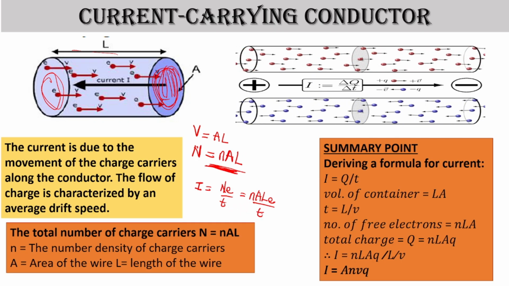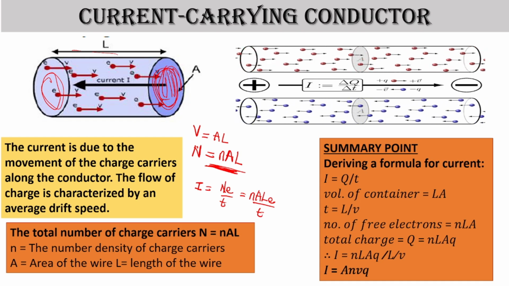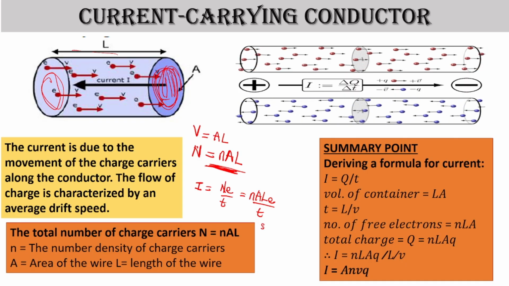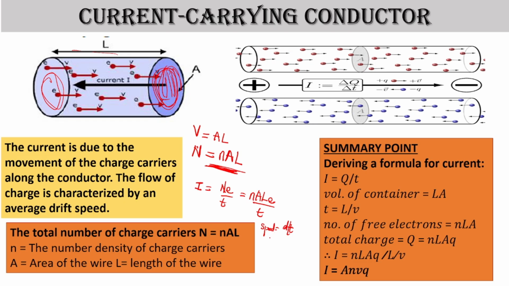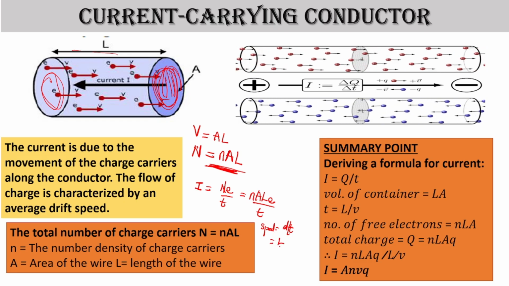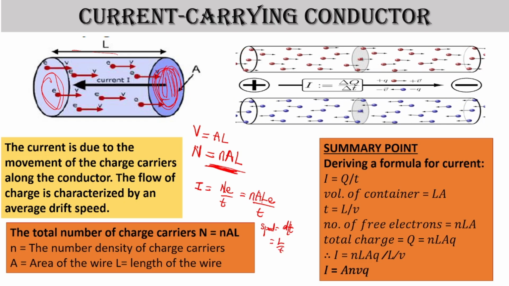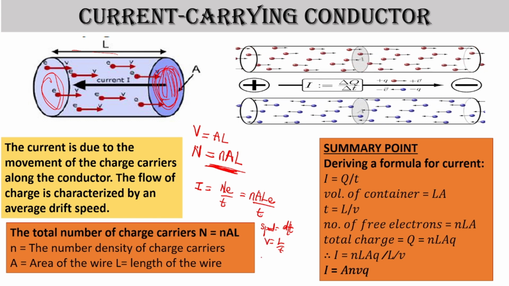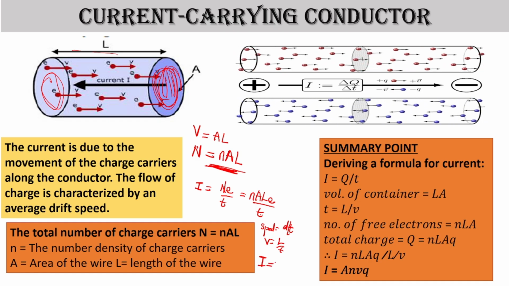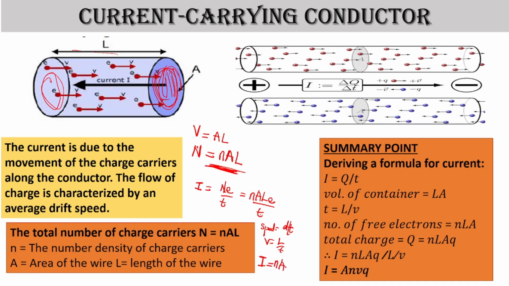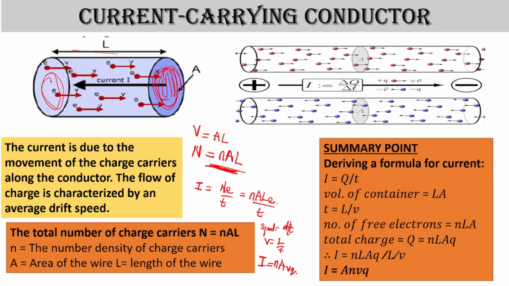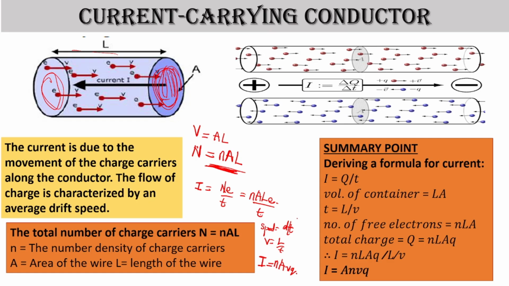However, I can change L and t to replace them with drift speed. What is speed? Speed is distance over time. In this situation, distance is L and time is t. I can replace L over t with v. This is how we get I equal to nAvq. This q, the small letter, is the same thing as this e, the electron charge.